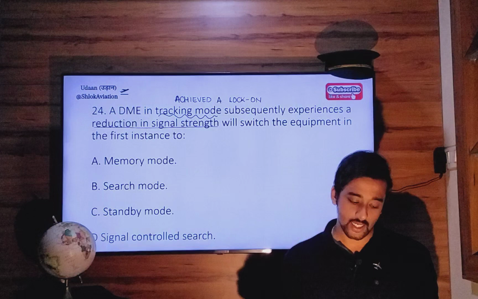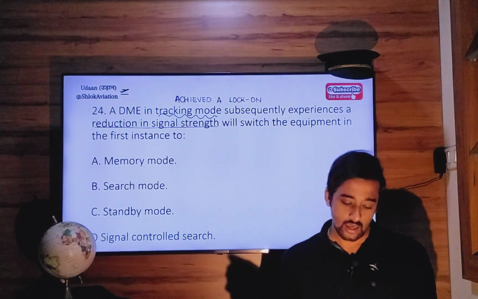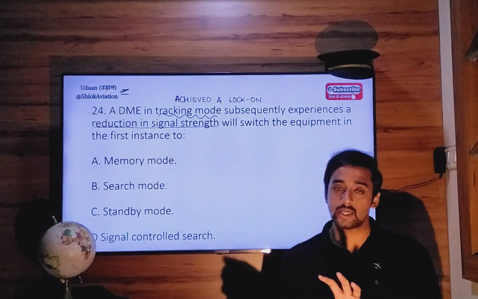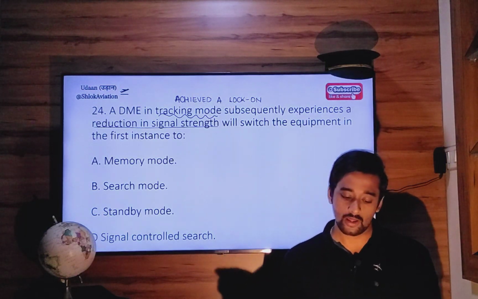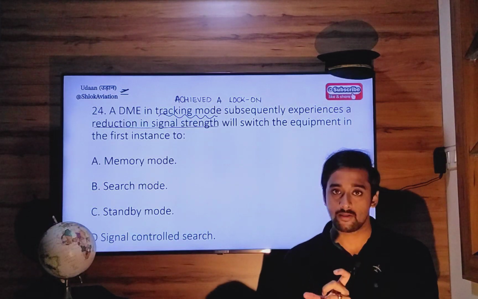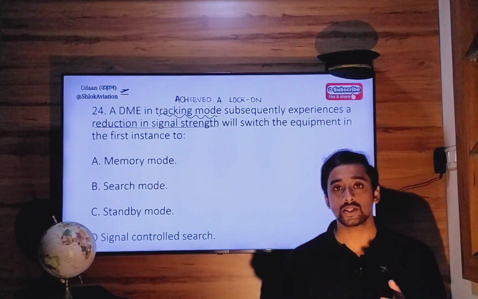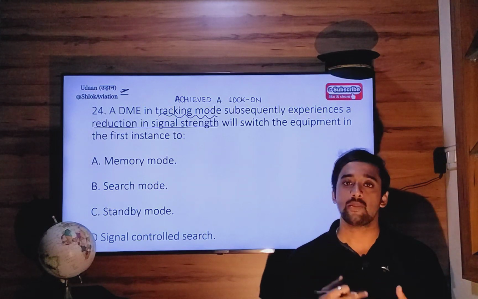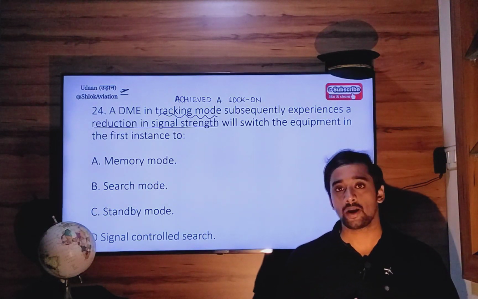But due to some reason, that is reduction in signal strength, now it has lost its lock on with the DME station. So when it loses a lock on with the DME station, that means it loses the connection between the DME station and itself. What happens to the DME airborne equipment?